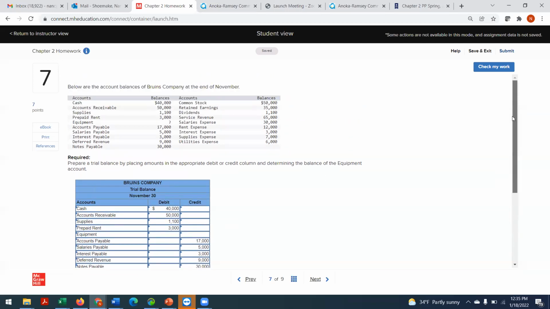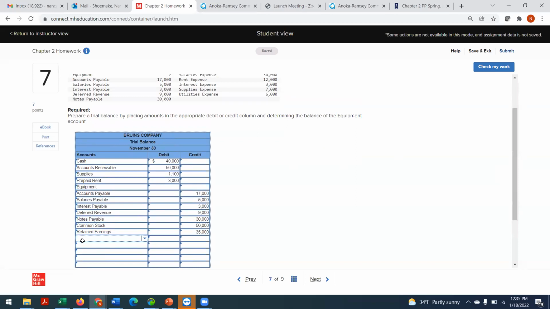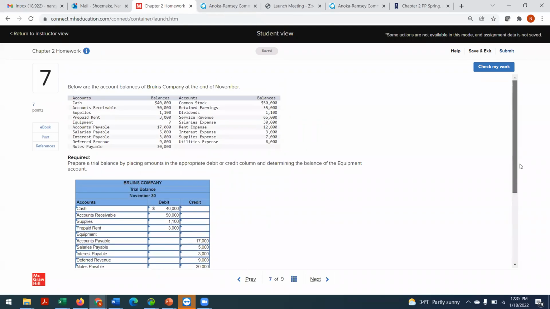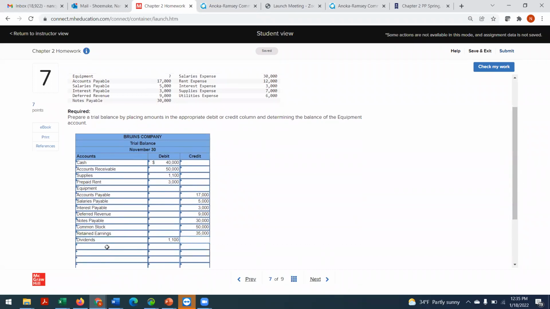Then we've got dividends of 1,100, which has a debit balance. We've got service revenue of 65,000.